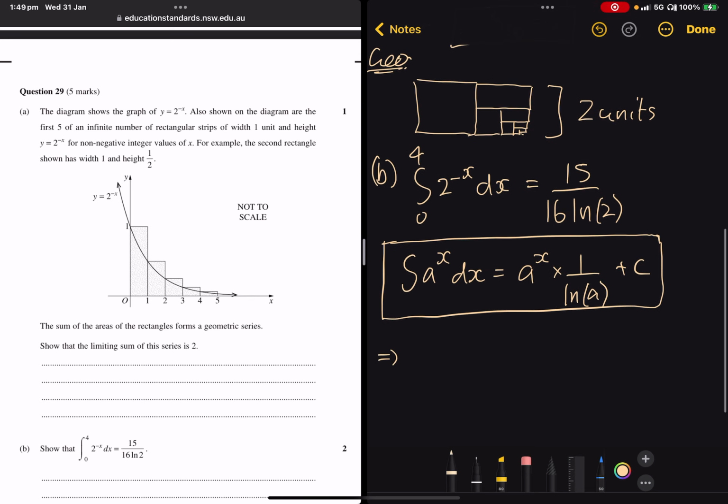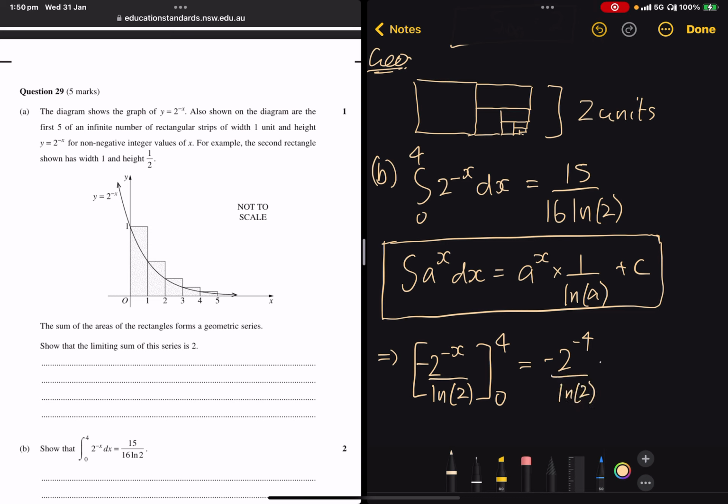So we have 2 to the minus x. Well, this will become 2 to the minus x times minus 1 on natural log of 2. So we get 2 to the minus x times the negative of that divided by the natural log of 2, from 0 to 4. So at 4, this is minus 2 to the minus 4 over the natural log of 2.